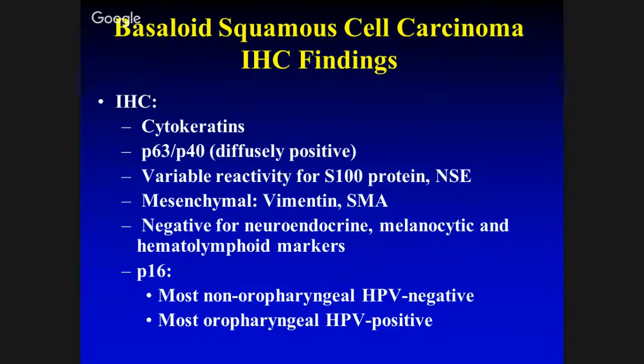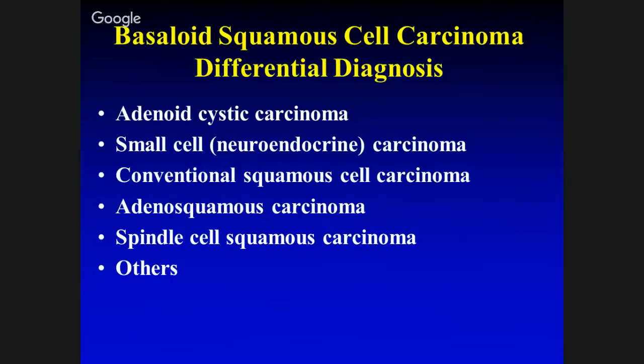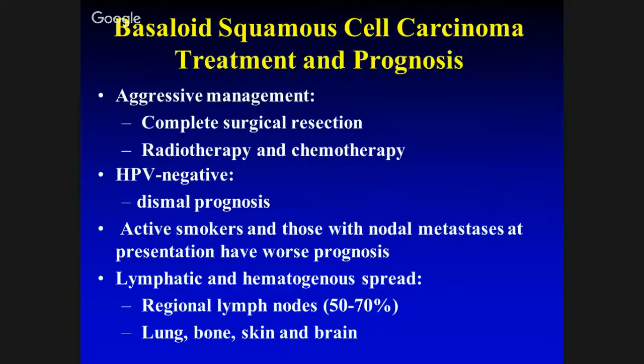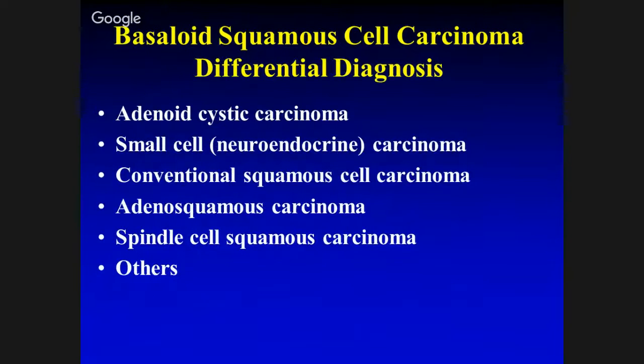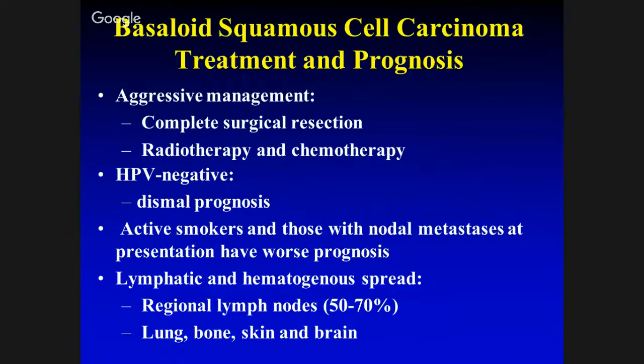P16 in the non-oropharyngeal sites is negative, and oropharyngeal sites are often positive. In the differential listed here, we talked about how to separate out adenoid cystic and small cell in particular because of the morphology and also immunostains. Basaloid squamous cancers are really aggressive tumors, particularly the HPV negative.